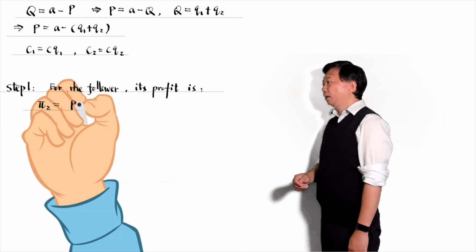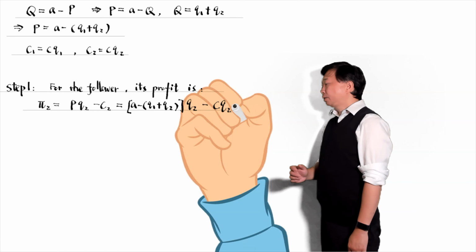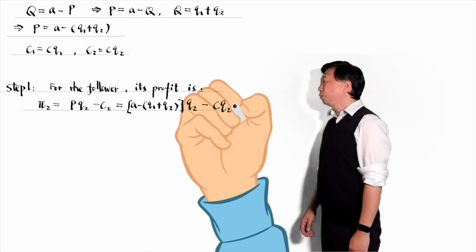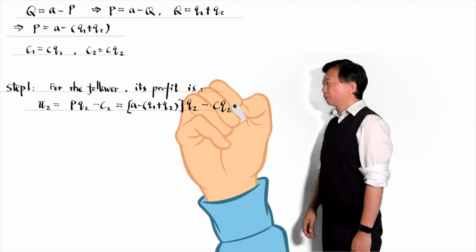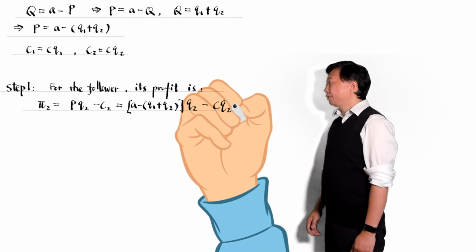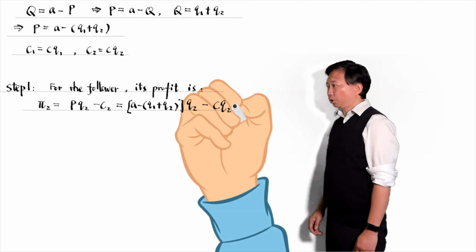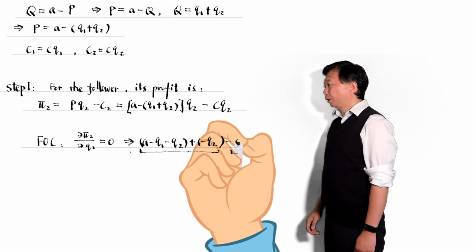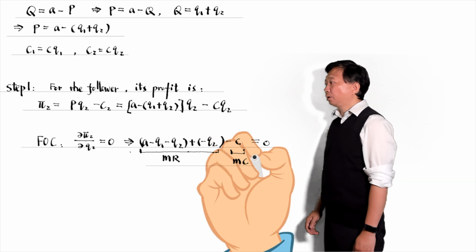For the follower, the second firm, its profit is equal to total revenue minus total cost. That is P times Q2 minus C2. Plug in the expressions for market price and the firm's cost. And then we use the first order condition. The partial profit over partial quantity is equal to 0.